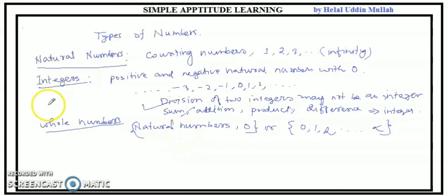Then we have rational numbers. A rational number is a number that can be expressed as a ratio between two integers, or as a fraction.